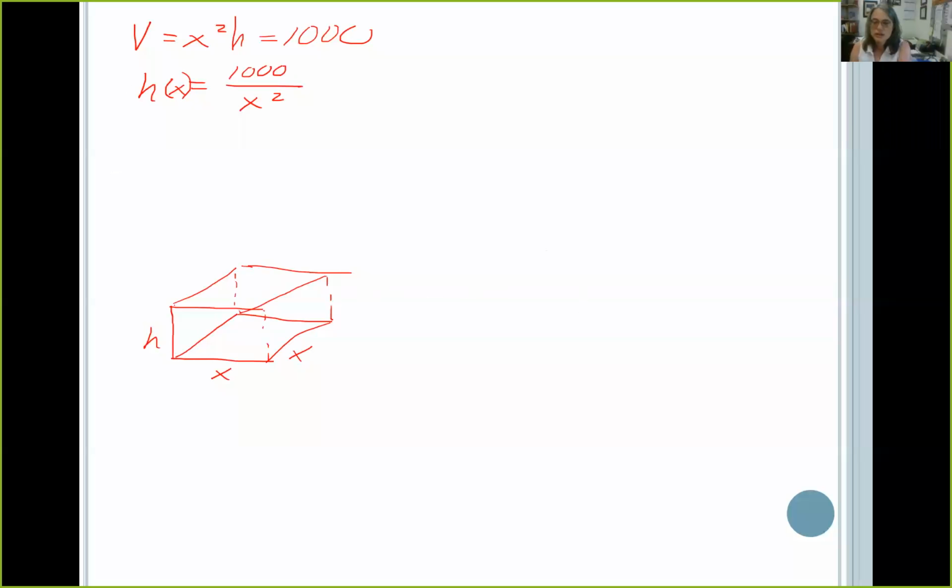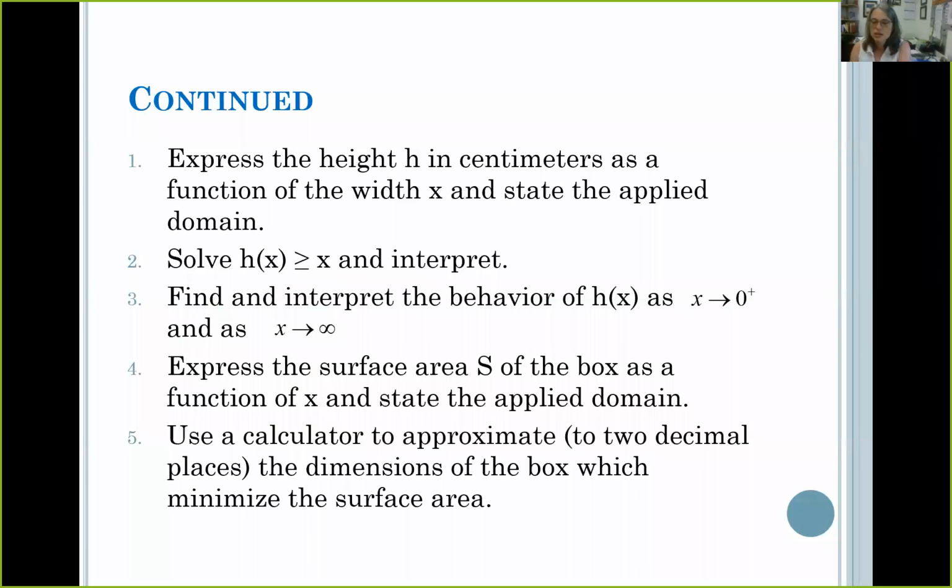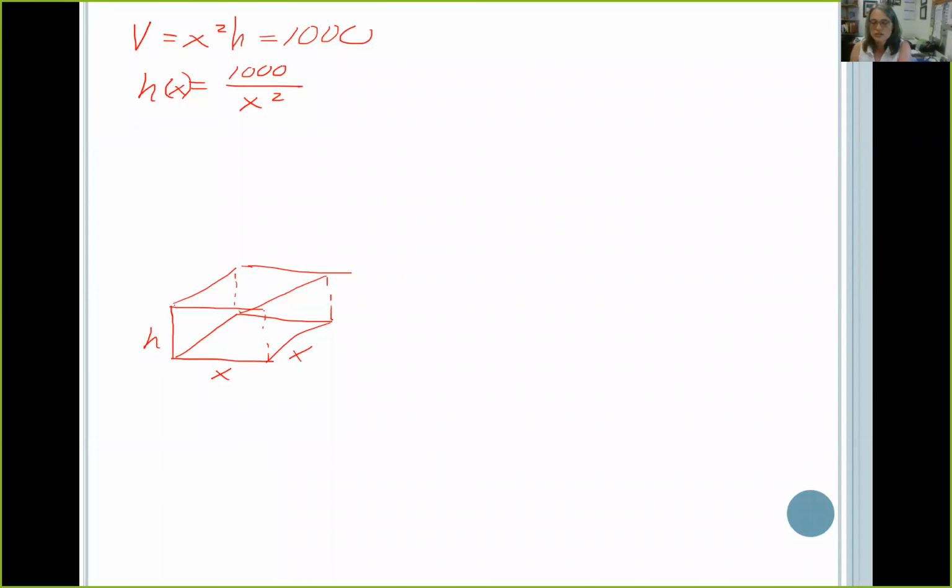All right, so now let's talk about the surface area. The surface area of my box is the area of the bottom, which is x by x, plus 4 times the areas of the sides, which are equal. So 4hx. Well, we've got h as a function of x.